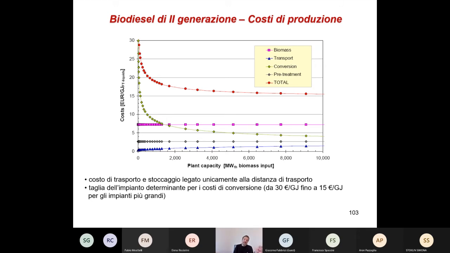But for example, in the nowadays necessity of producing energy locally to avoid the problems of wars and others, of course it's an added value that you have to consider. So higher costs, but you can produce biodiesel from biomass from Italy, and so you can locally produce biodiesel.